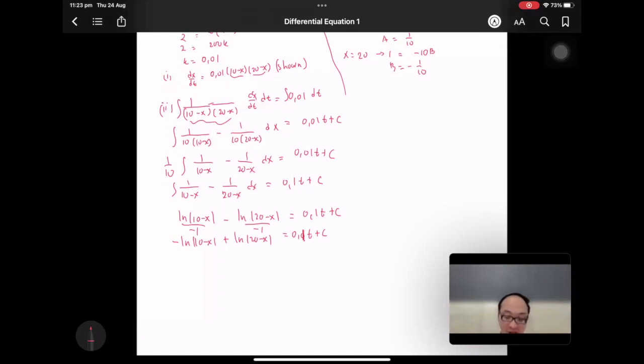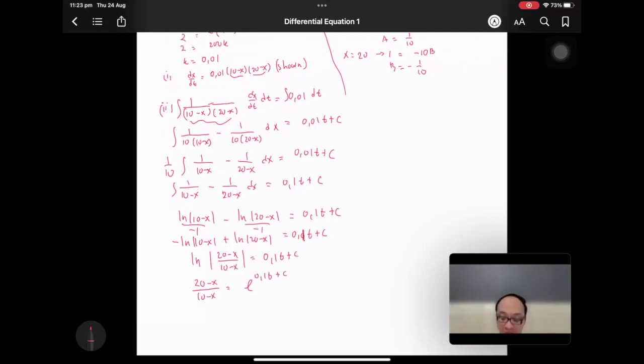So ln minus ln is division, so I can rewrite ln of (20 minus x) over (10 minus x) equals 0.1t plus c. So remove the ln, so it's (20 minus x) over (10 minus x) equals e to the power of 0.1t plus c.